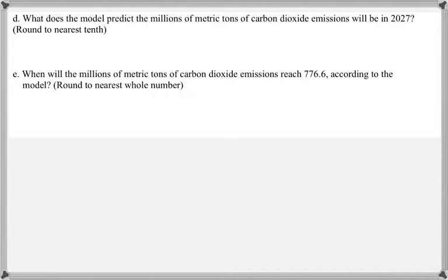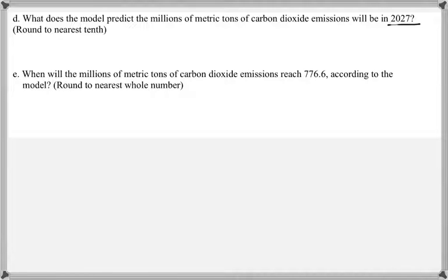So they actually want us to now use the regression equation. So part D says, what does the model predict the millions of metric tons of carbon dioxide emissions will be in 2027? Okay, when they say 2027, we need to kind of know what they're talking about. First of all, is this an X value or a Y value? Well, it's an X value because all of our years were X's. That's what we entered in the first list.